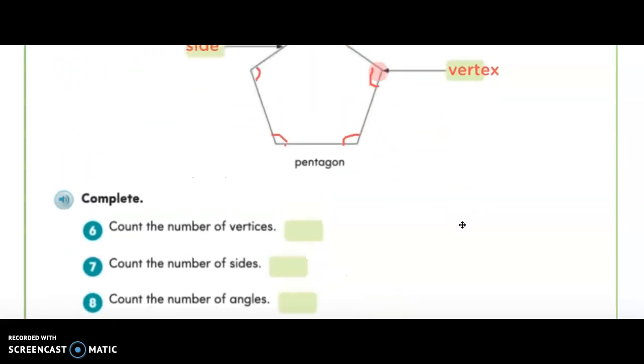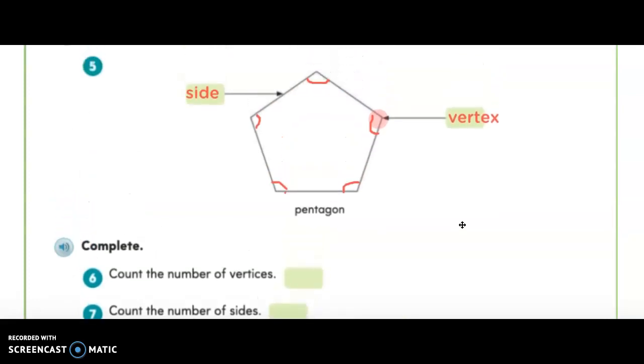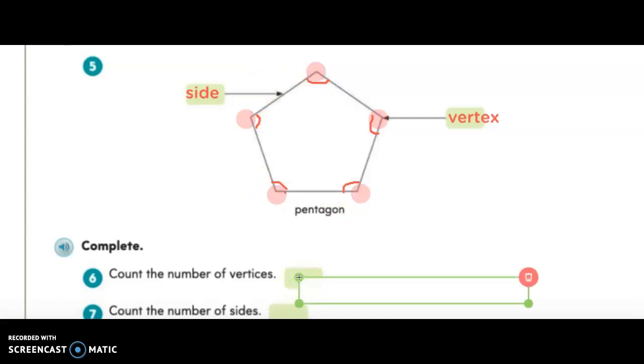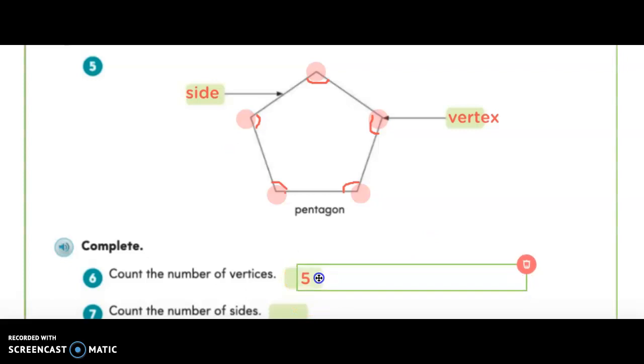Now they want us to count the number of vertices, count the number of sides, and count the number of angles. So if we scroll back up, count the number of vertices. So we had 1 there, 2, 3, 4, 5. So we have 5 vertices. Number of sides, we have 1, 2, 3, 4, 5.